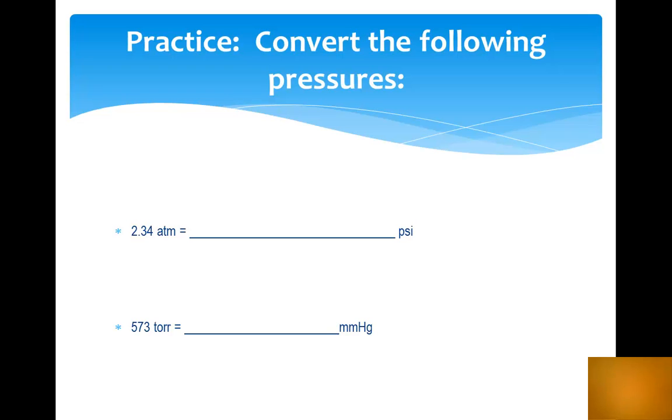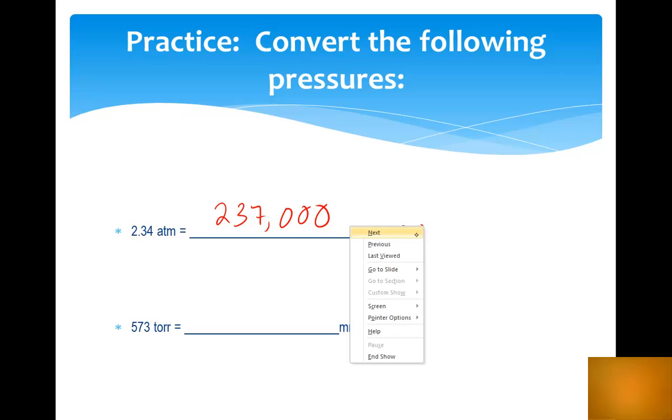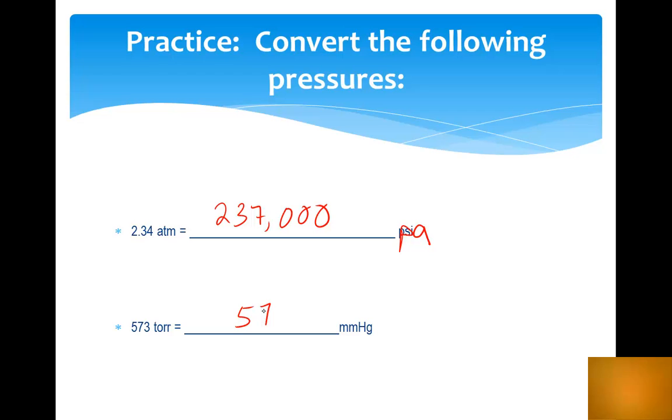Now, if you've unpaused the video and you're checking your answer with me, you should have come up with 237,000 pascals. I apologize, this should be pascals. Atmospheres to pascals. And this one should be 573 millimeters of mercury.